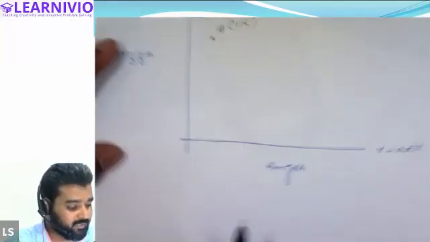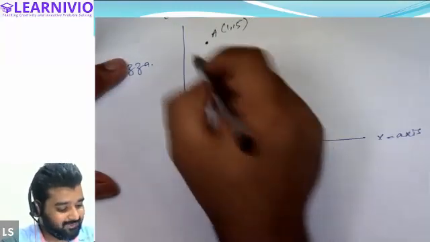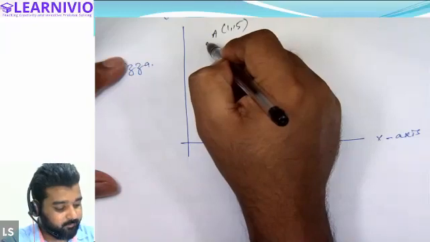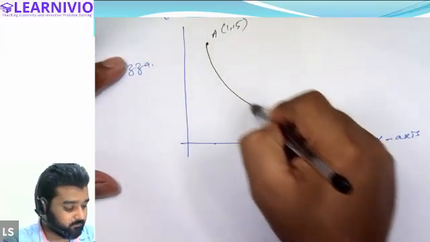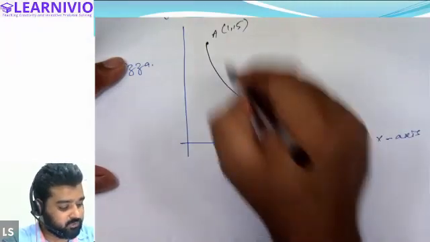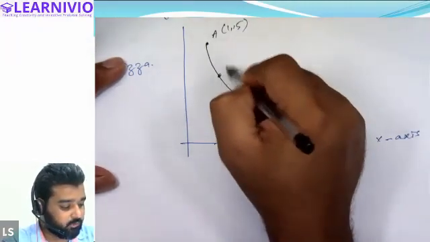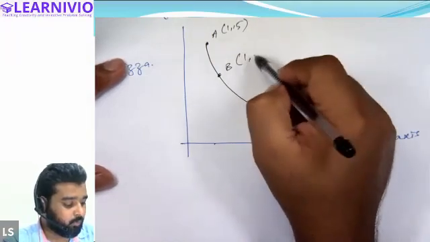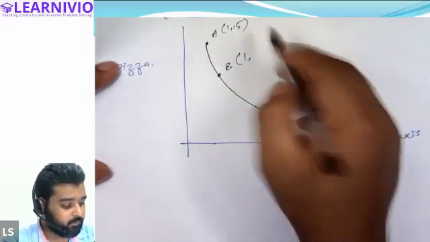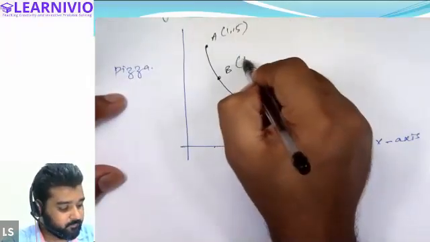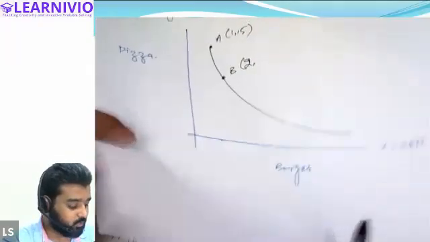When you present all of these combinations on this diagram and connect them through a line, it will make a curve, something like this. So this curve is basically called the indifference curve. We will represent all of the combinations on this diagram and connect every combination through a line.